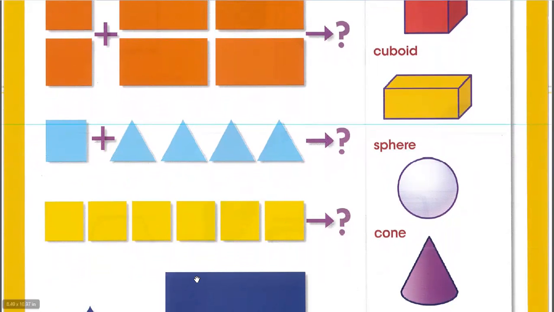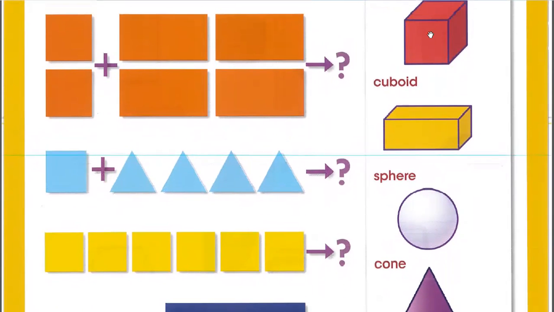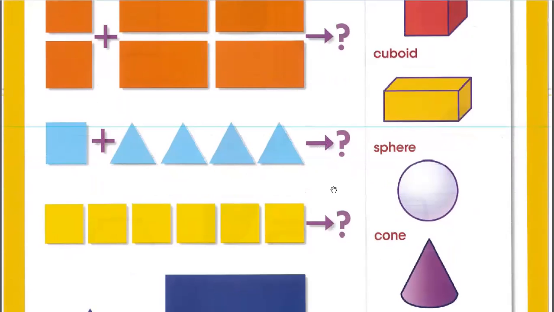We will put 6 squares to make a cube. So this shape is made with 6 squares. When the 6 squares are joined together, they make a cube.